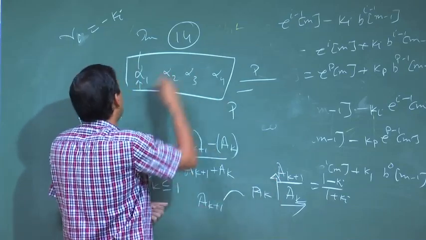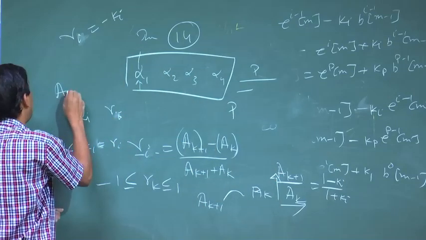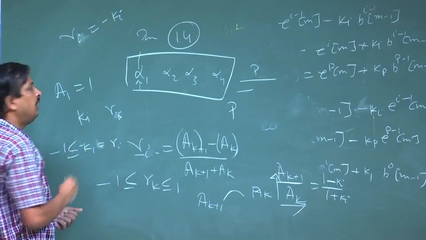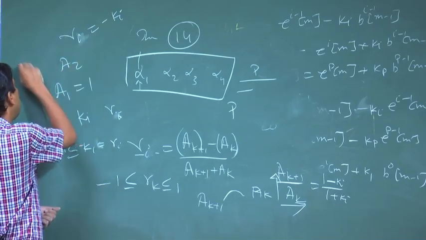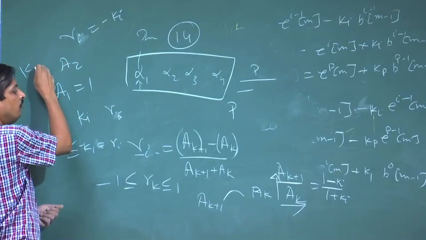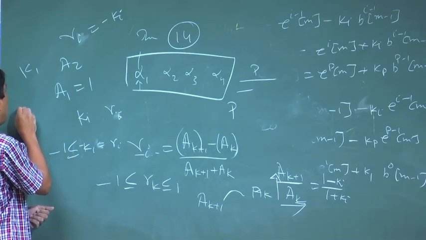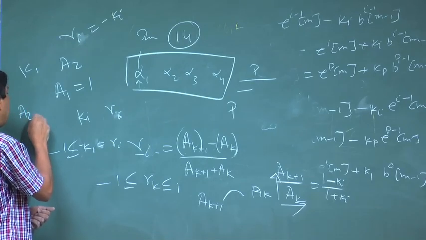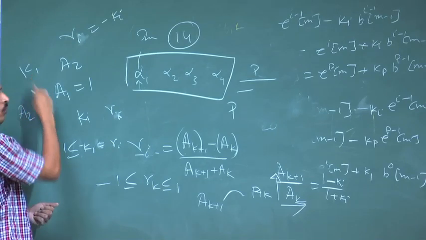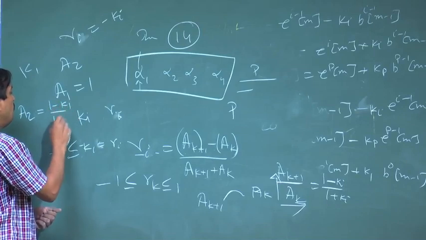If I say the beginning tube A1 is equal to 1, then I can estimate A2 if I know K1: A2 is 1 minus K1 divided by 1 plus K1.